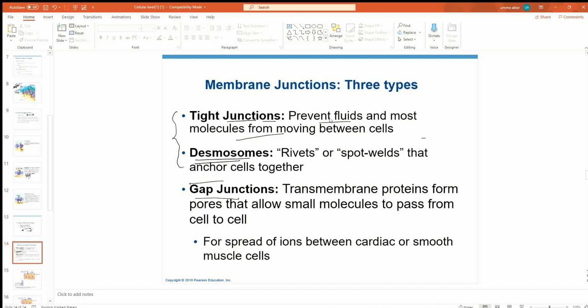Desmosomes come out from the cell membrane and hold each other very strongly, like the zipper in your clothes or in your pants. Very strong, right? So desmosomes anchor the adjacent cell membranes very tightly.